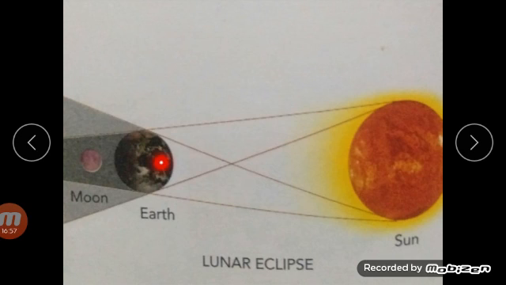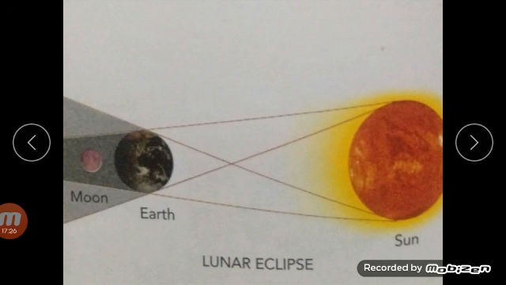Here, due to the earth, the light of the sun is not able to reach the moon's surface, and the shaded part of the moon cannot be seen. This shaded part of the moon is unseen. So this is called the lunar eclipse. Understood? When the earth is in between, that is a lunar eclipse. When the moon is in between, that is a solar eclipse.